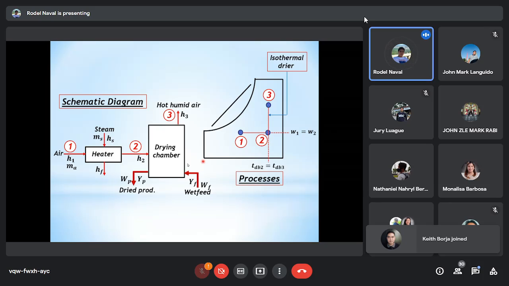Okay? So what is the effect on the air in the drying chamber if it is not isothermal? The air coming out of the heater at point 2 is high temperature air.